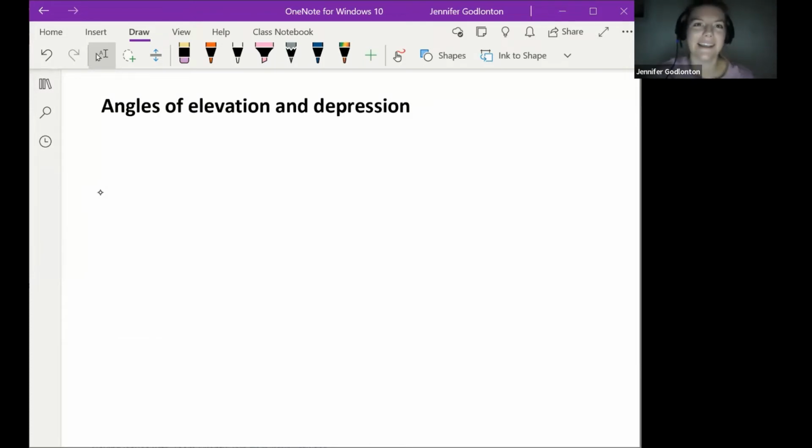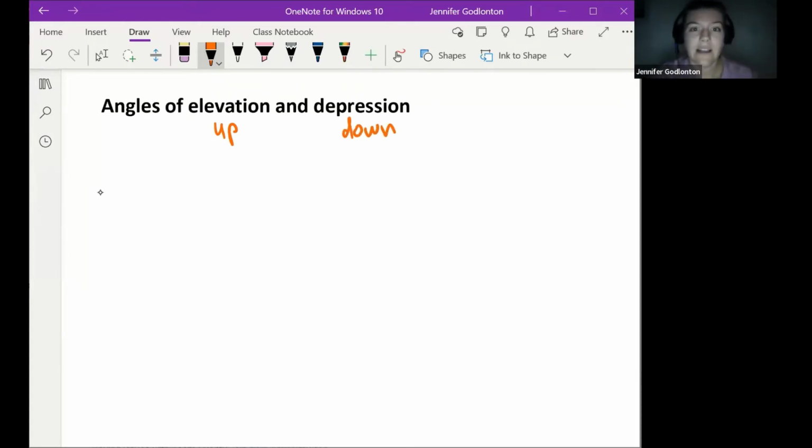I'm not going to be like a psychologist here. We're doing maths depression. So is an angle of elevation going to go up or down? Elevation is up, Kemba. And depression, if we're feeling sad, if we're feeling depressed, we are feeling down. So basically elevation is telling us up, depression is telling us down.